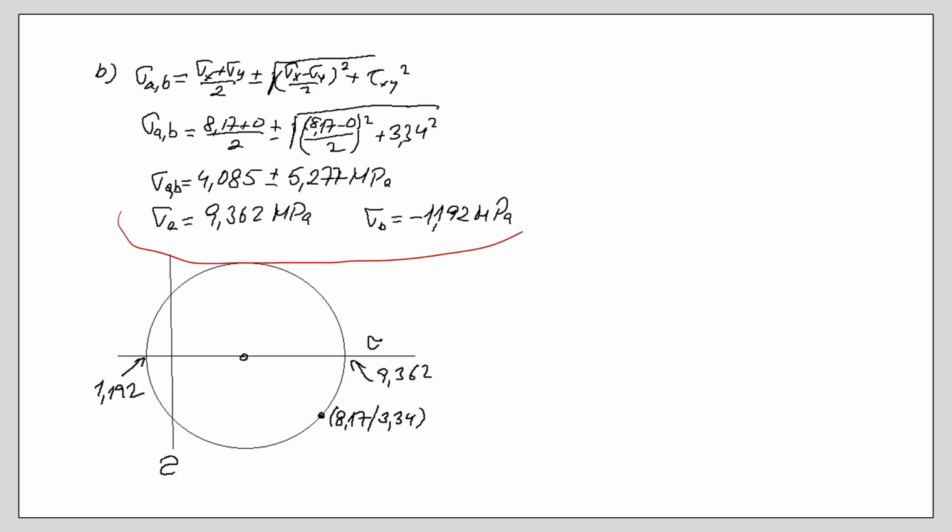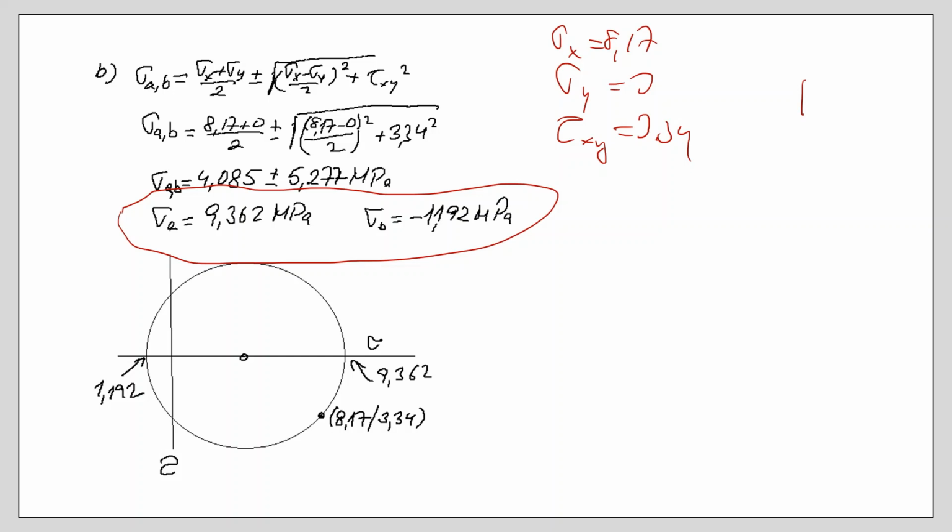So you can check, of course, these calculations by simply drawing the Mohr circle. So you know your sigma x was 817, your sigma y was 0, and tau xy was 334. So that was your stress state, 817, and that was 334, and here sigma y is 0.